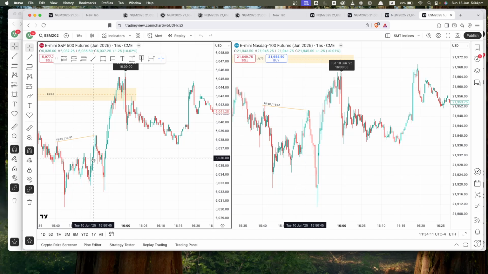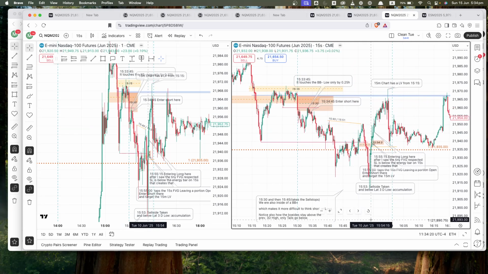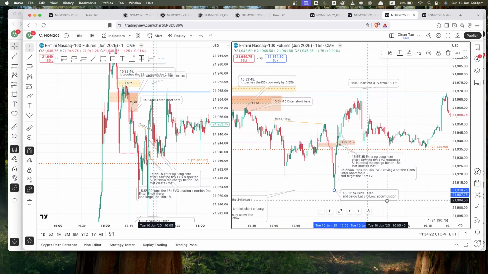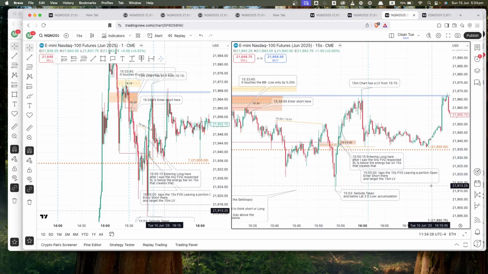So we can notice that over here. And then this swing low seems suspect and price comes one more time below it. And that happens here. And we are also below the last 3 days and price is accumulating here.